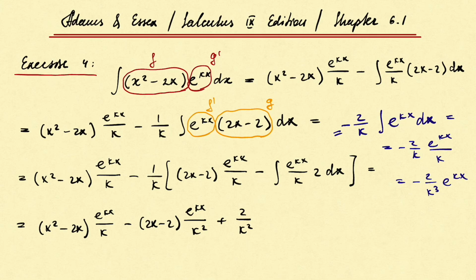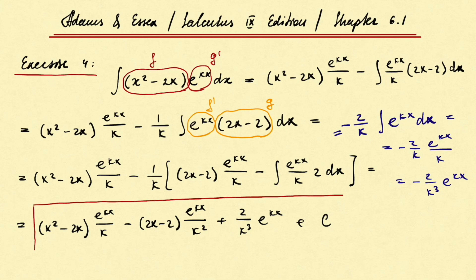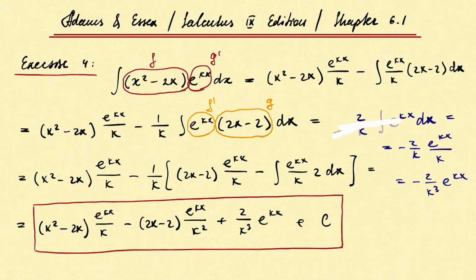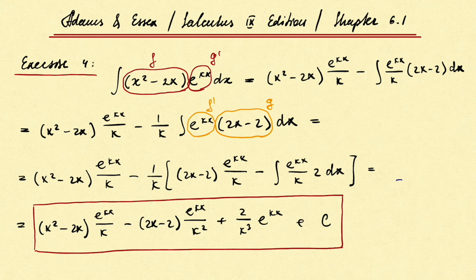So here, instead of k squared, we write k cubed, e to the kx, plus some constant c. This is our final answer. Let's mention it like this. So here we are. I'm deleting these parts because it's not as necessary, and we are done.